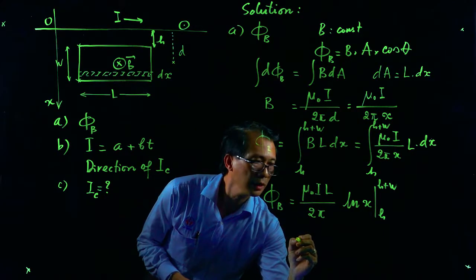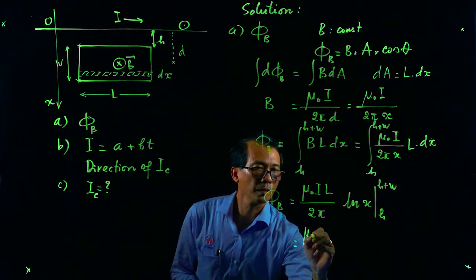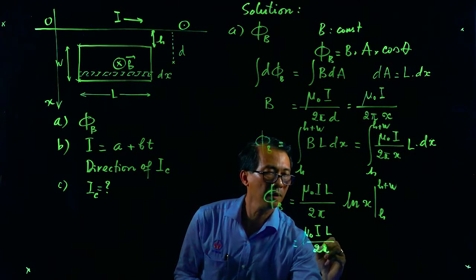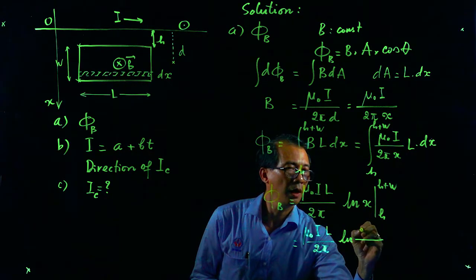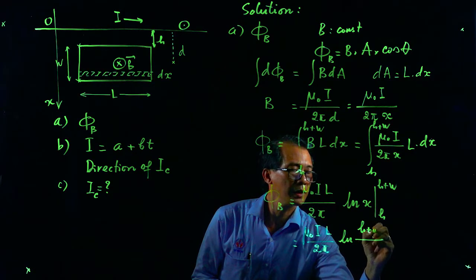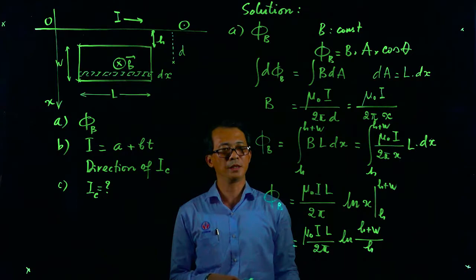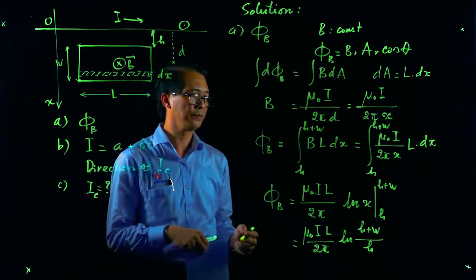So this is mu 0 I L over 2 pi, and the logarithm of h plus w over h. That is the final answer for the first question.